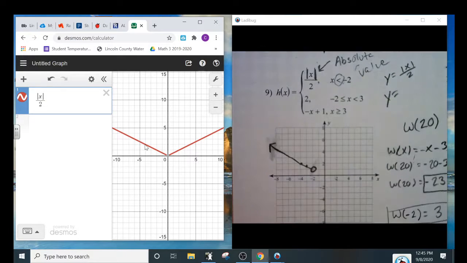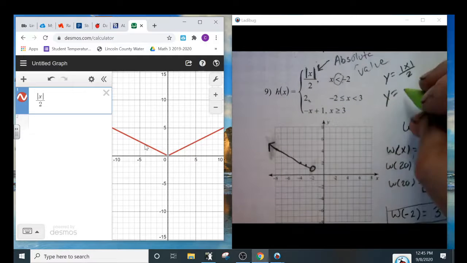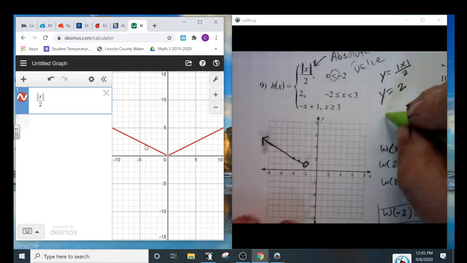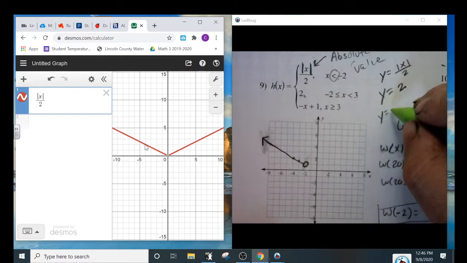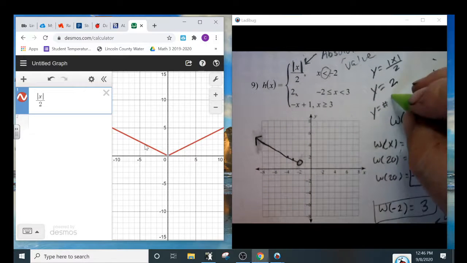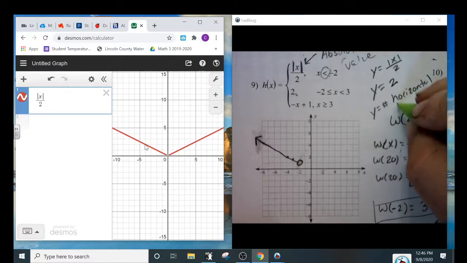our second function is y equals 2. Now, guys, anybody remember when you have y equals a number, what kind of line that is from Math 1? If you have y equals a number, that is a horizontal line.